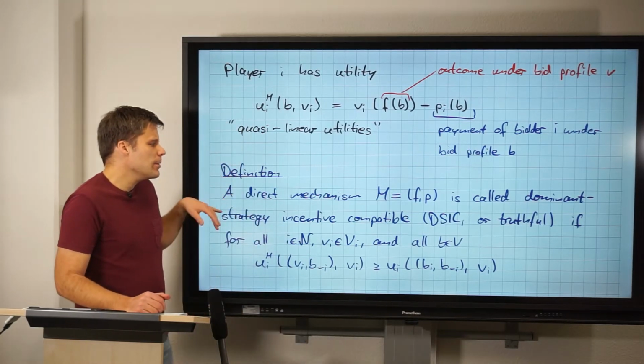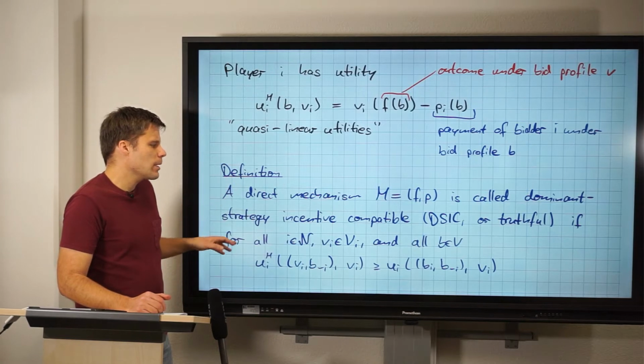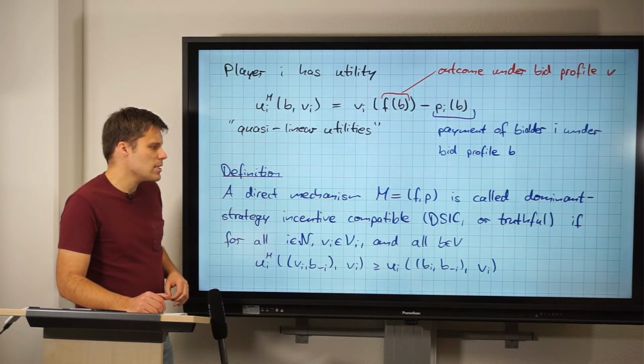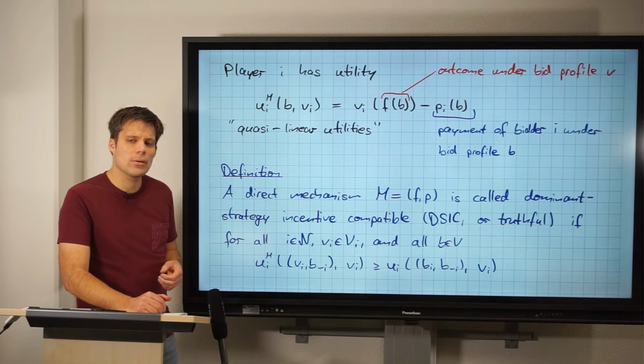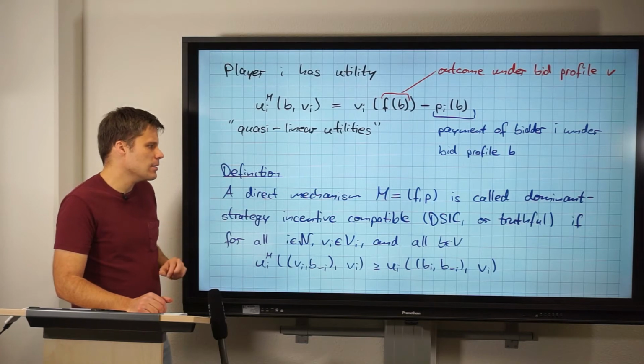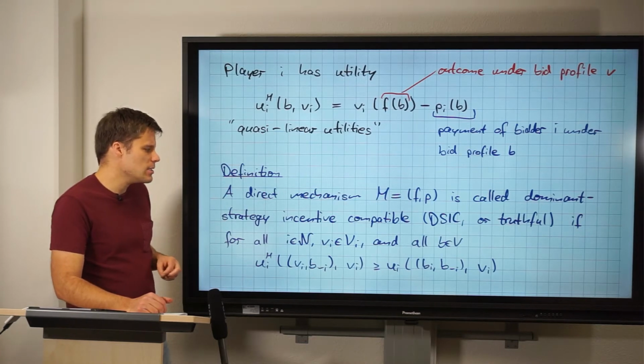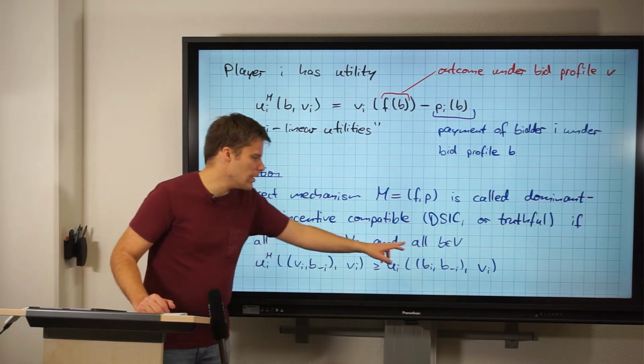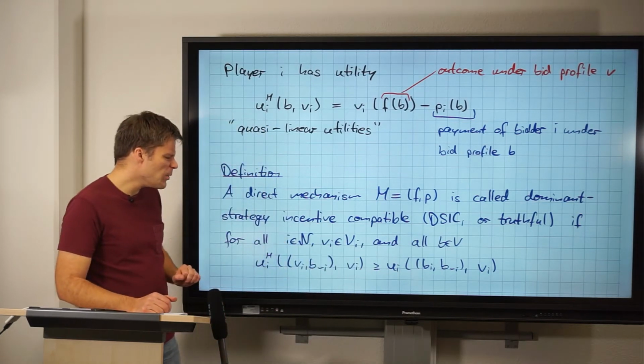And therefore we were interested in what we call dominant strategy incentive compatible, or for short, truthful mechanisms. A mechanism, a direct mechanism, is called dominant strategy incentive compatible if the following inequality holds. What's that?